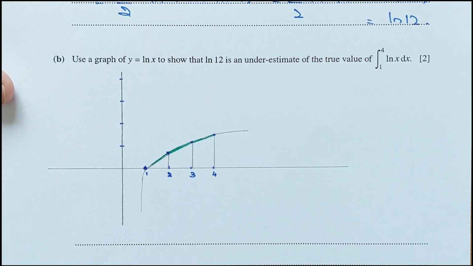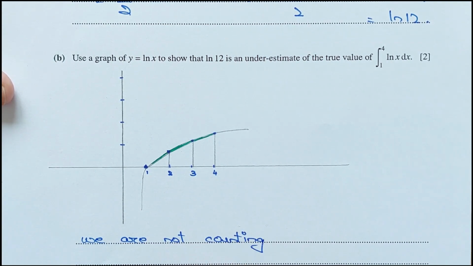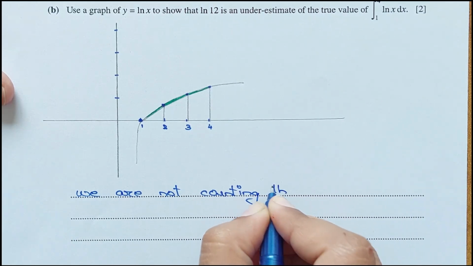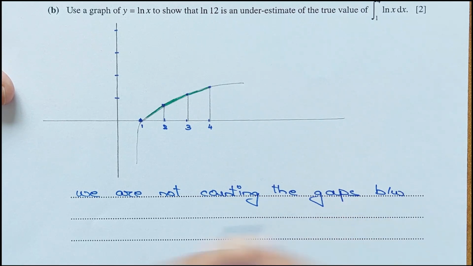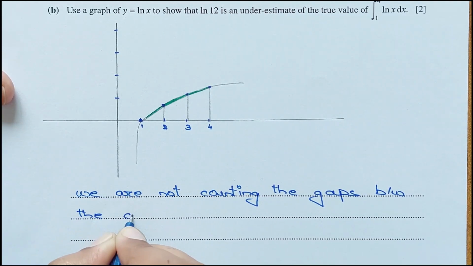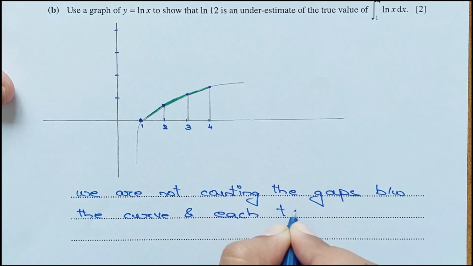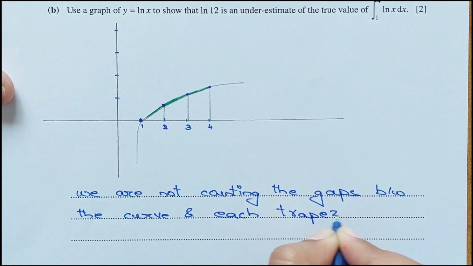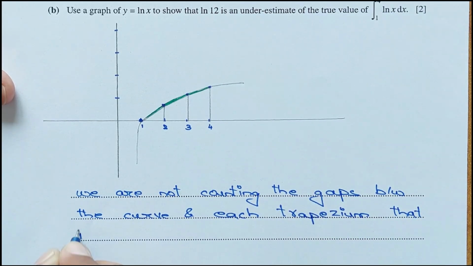So we can say that we are not counting the gaps between the curve and each trapezium. That is why it is underestimated.